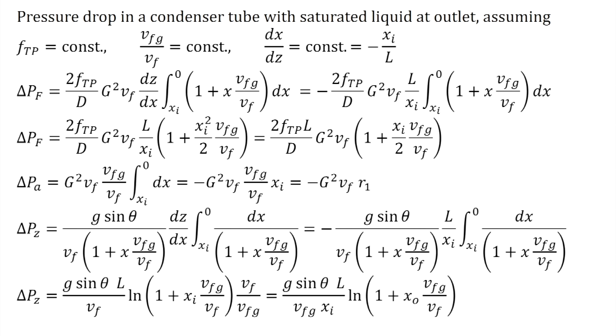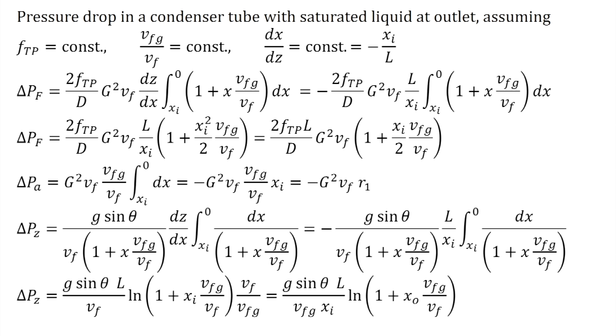Here, let us consider that after condensing, we get saturated liquid at the outlet, and at the inlet, it is a two-phase mixture with a certain quality. Let us call it inlet quality Xi. So, again we assume FTP equal to constant and Vfg by Vf equal to constant, dx by dz will be constant by simple energy balance, and it will be equal to minus Xi by L.